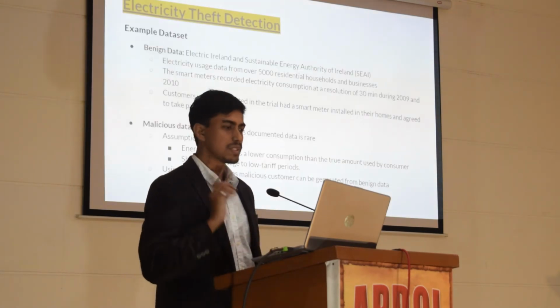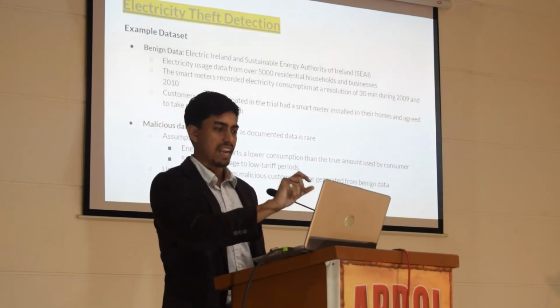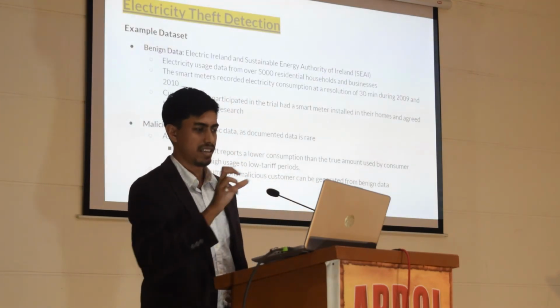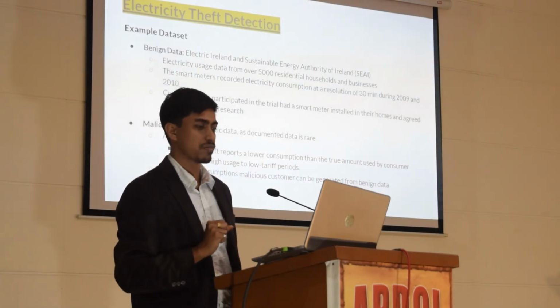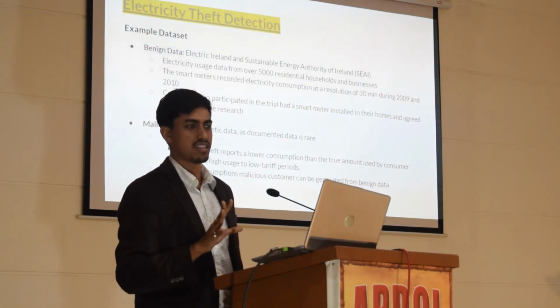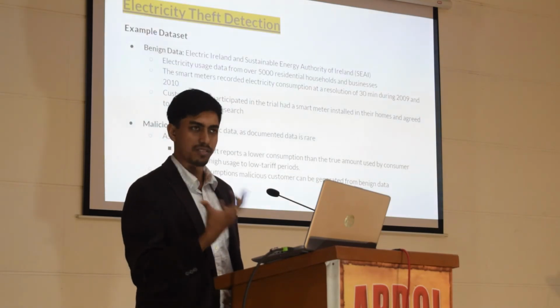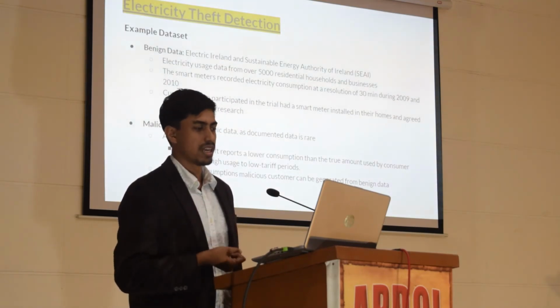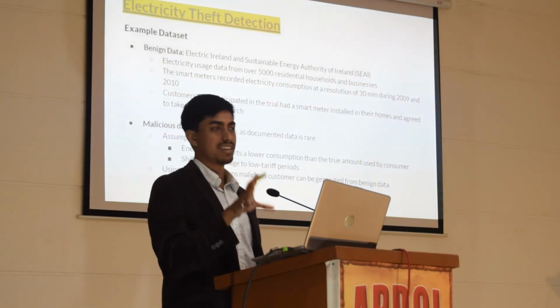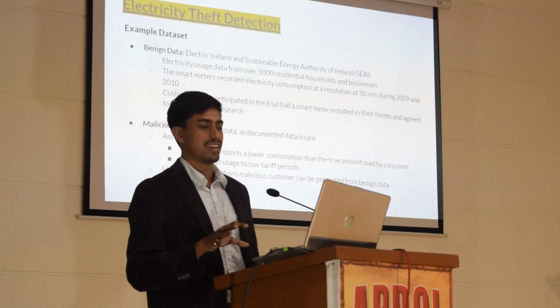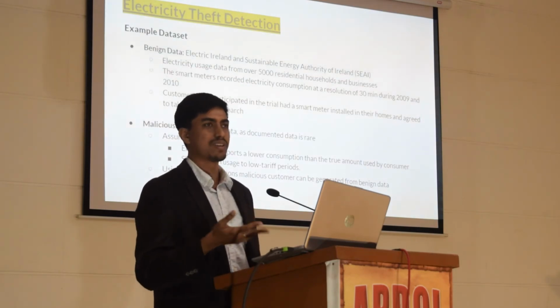Okay. Finally, this is a data set that I saw, and it's from Ireland. They collected data by picking 5,000 residential households and businesses, and they also had some other features from those households. One thing that was difficult for them was collecting malicious data, because they found it to be pretty rare.